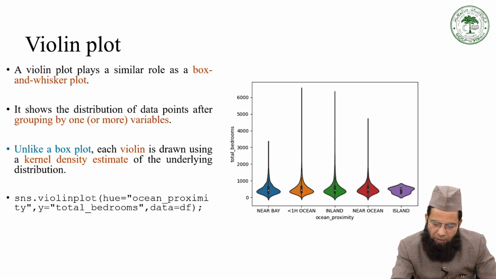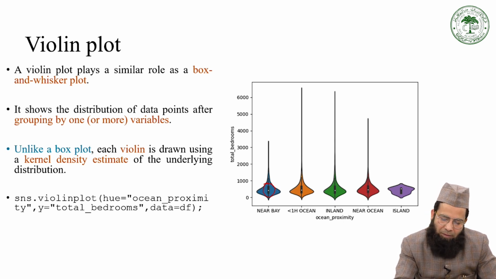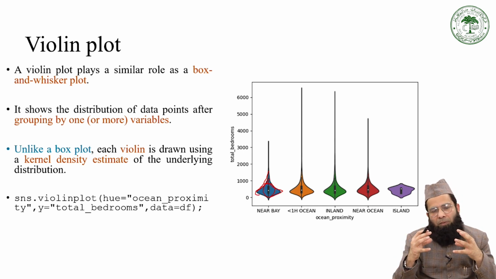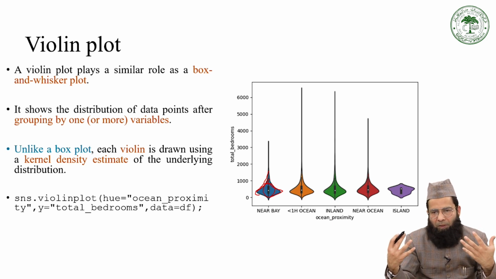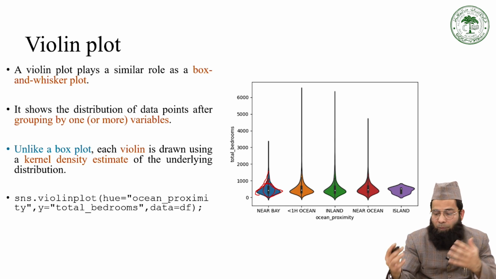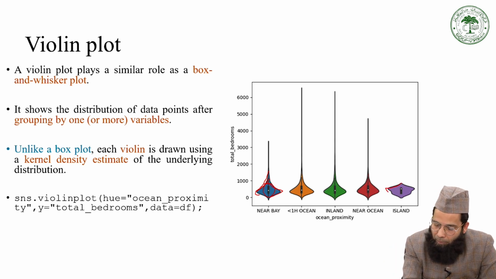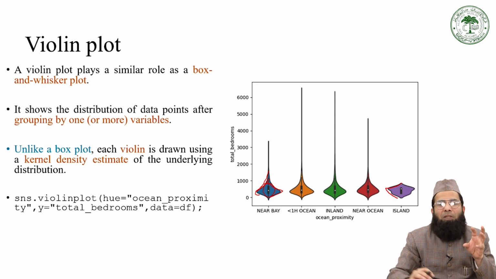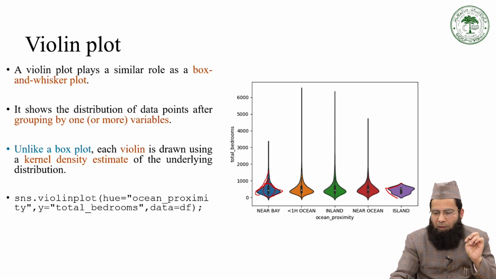So you can see here inside this violin, there is a box plot, and it also shows the KDE, kernel density estimation curve, and the width shows how much data are near the mean or median value. Like in this case, the majority of data are centered around the median value, right? So the parts which have a higher width.